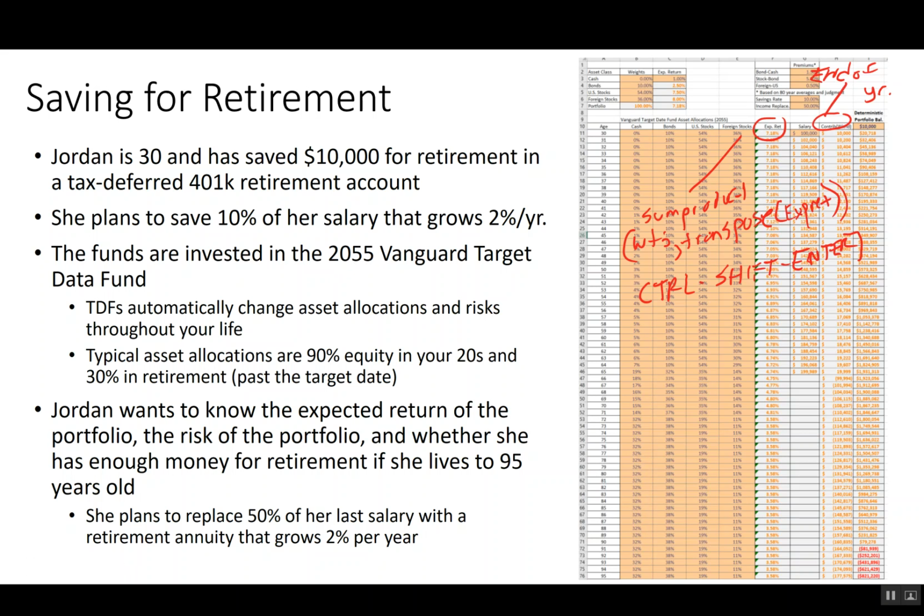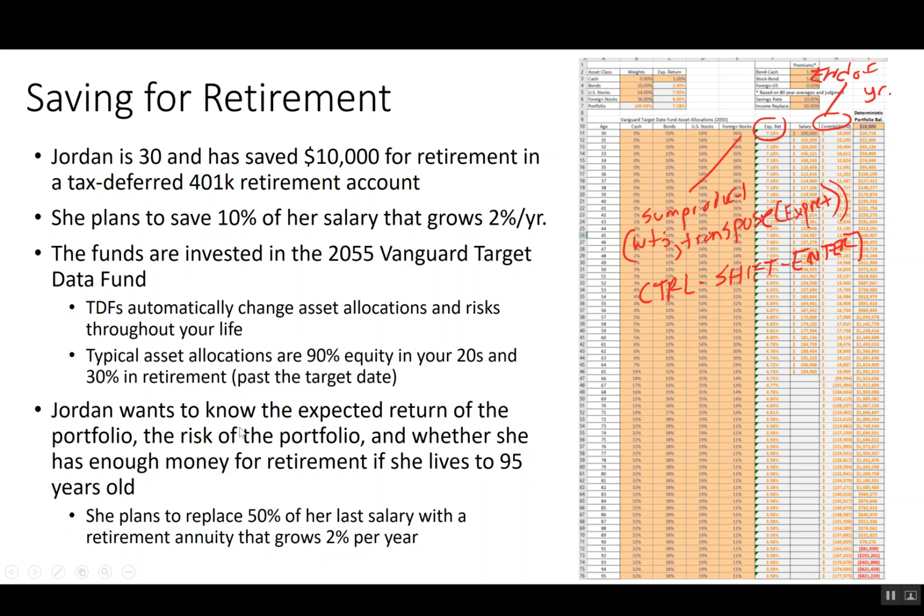The only difference is if you took a slightly later date, a 2060 fund, it'll just be a little bit riskier. So Jordan's going to put 10% of her salary every year into the 2055 fund. That 2055 fund I have here, this is roughly what the asset allocations will be throughout Jordan's life.